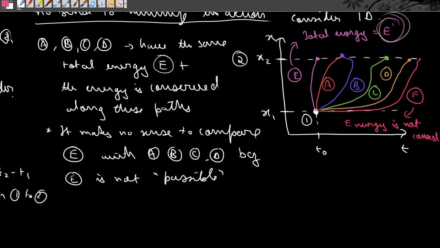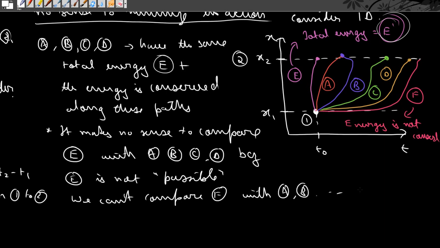So similarly we can't compare F with A, B, C and D. The only paths which we are going to compare are the paths A, B, C, D, and similarly many other paths which have the same total energy E, and along these entire paths the energy must be conserved. Only then can we say that they belong to the set of possible paths. Okay, all right.